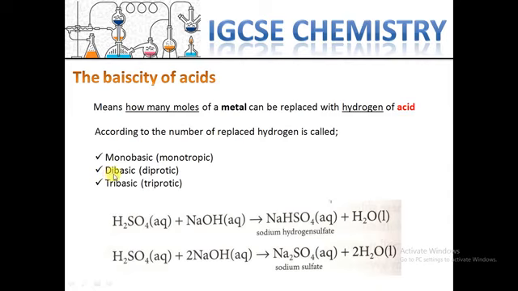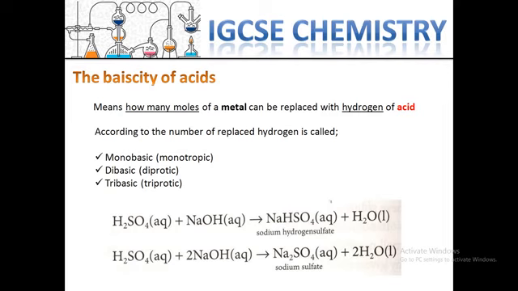If it's dibasic, it can be called diprotic. That means your acid has two hydrogens, and the two hydrogens can be replaced by metal. And if your acid has three hydrogens and all three can be replaced by metal, we can call it tribasic, or triprotic.